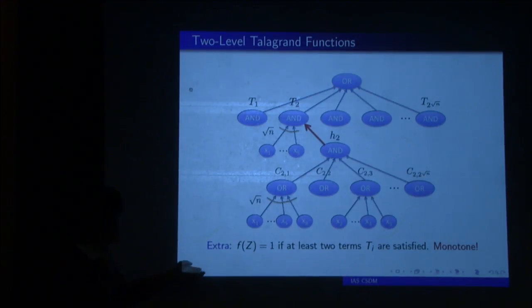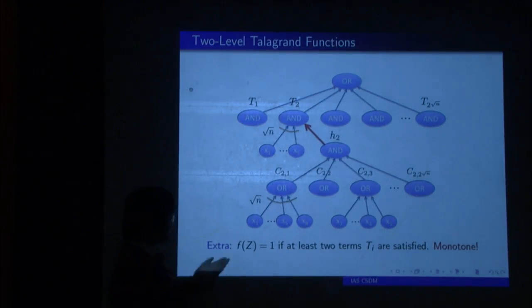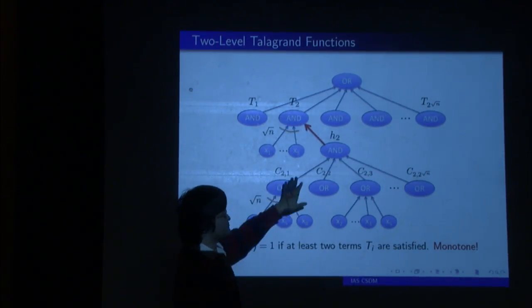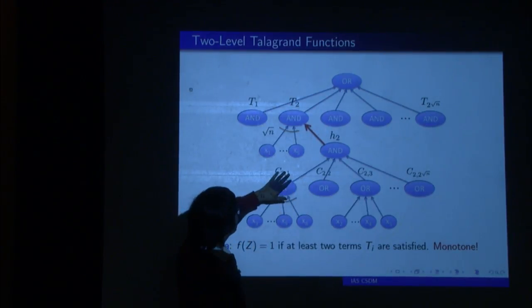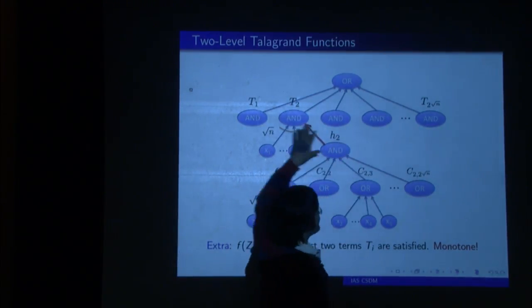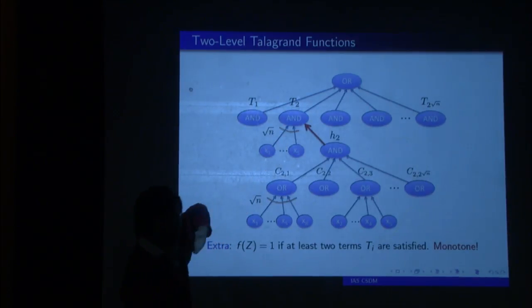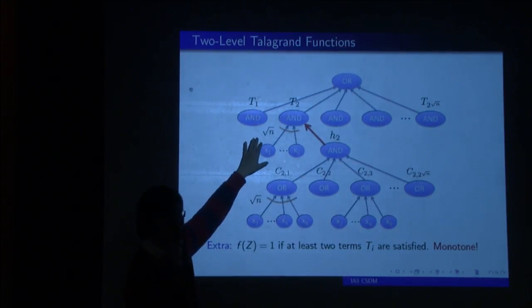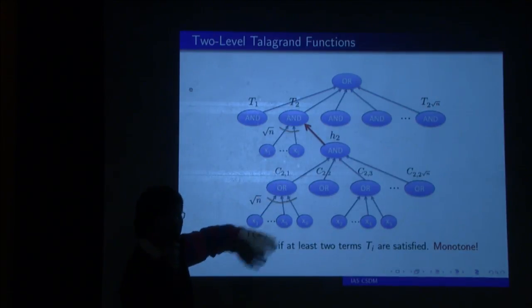Now, to make it easier to analyze, I am actually adding this extra condition that makes it a little bit different from just this picture. It says that if I have at least 2 terms satisfied, then you don't need to go to the second level. Just forget about the second level. It's already 1. If you don't satisfy any term in the first level, you're definitely 0. If you satisfy a unique term, you need to go down to the second level.